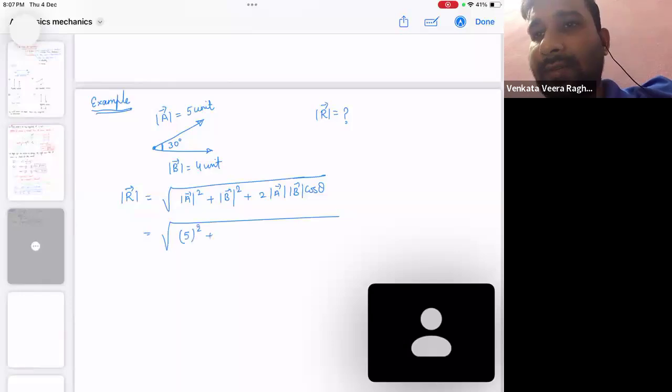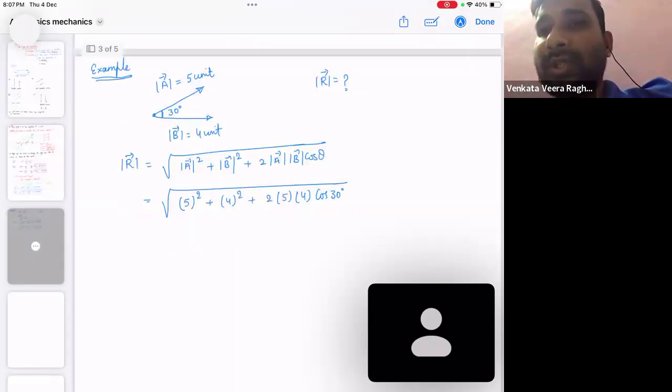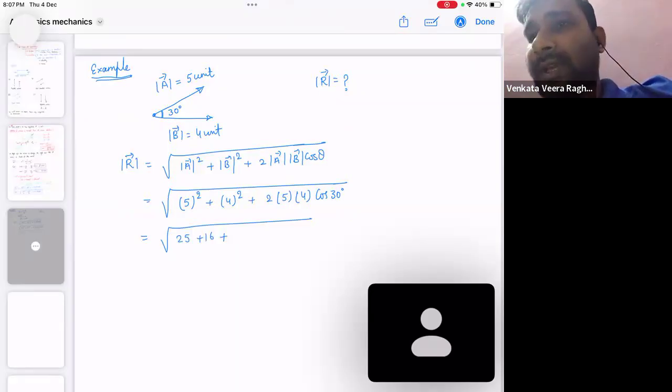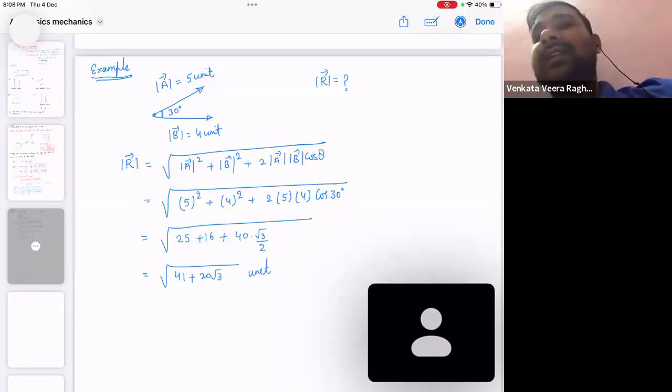Second vector has magnitude 4 units. Plus 2 into 5 into 4 into cos 30 degrees. Cos 30 degrees we can write as root 3 by 2. So we have 25 plus 16 plus 2 into 5, 10, into 4, 40, and cos 30 is root 3 by 2. So we are getting the square root of 41 plus 20 root 3. That must be the magnitude of the resultant vector.